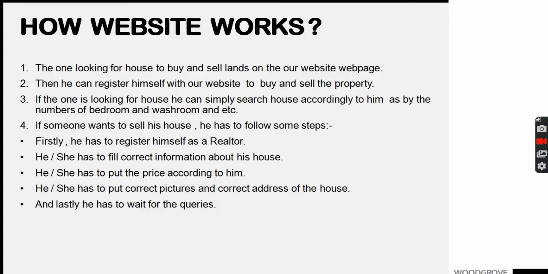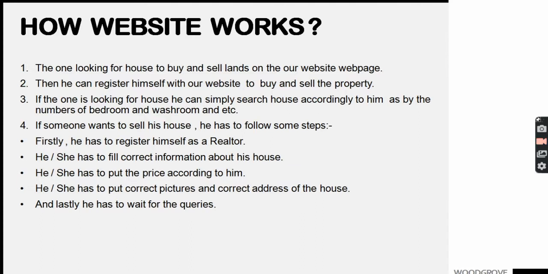How the website works. The one looking for a house to buy or sell lands on our website. Then he can register himself with our website to buy and sell property. If the one is looking for a house, he can simply search for a house according to him, by the number of bedrooms and washrooms, etc. If someone wants to sell his house, he has to follow some steps. Firstly, he has to register himself as a realtor.